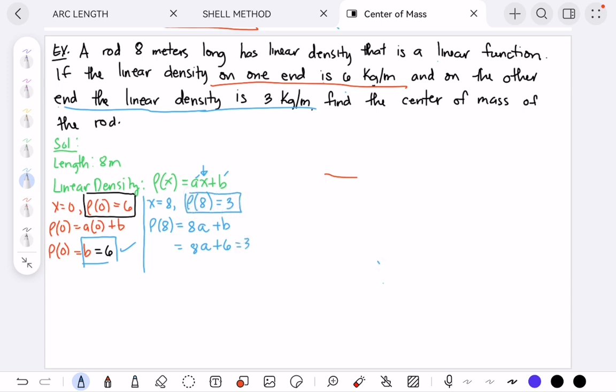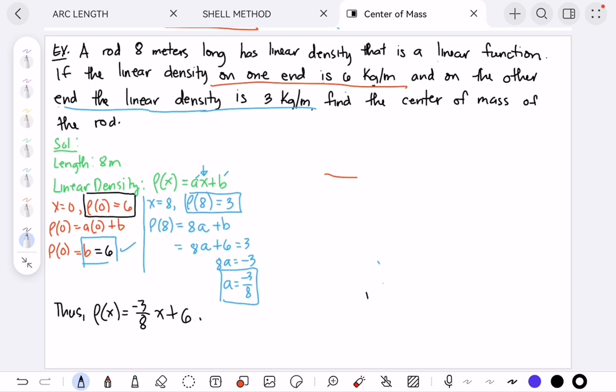So from here, we can solve for a. 8a is equal to negative 3, so a is negative 3/8. Thus, we can now conclude that our linear density rho of x, which is a linear function, is negative 3/8 x plus 6.